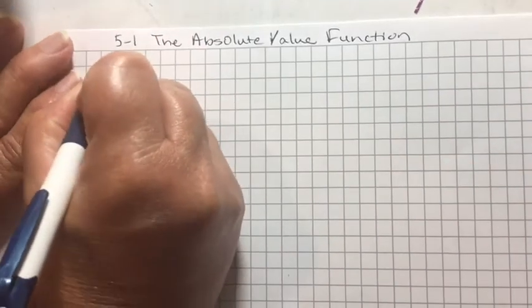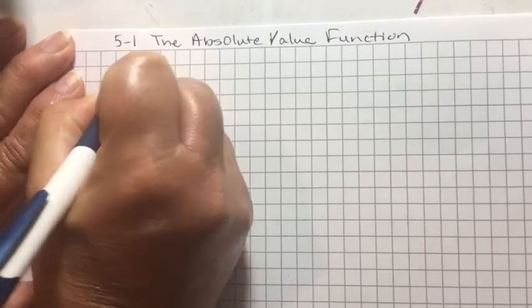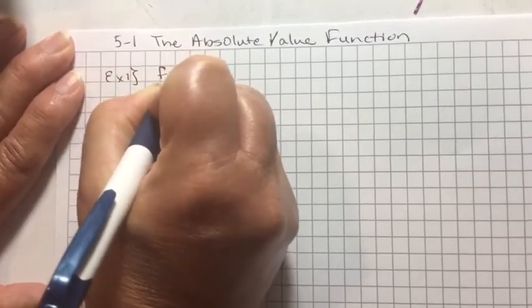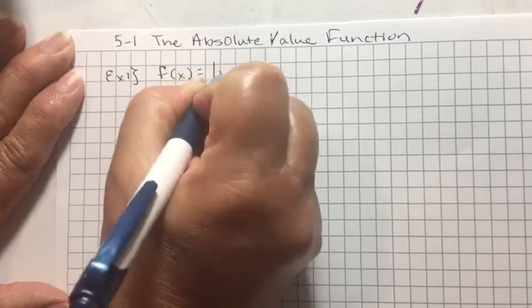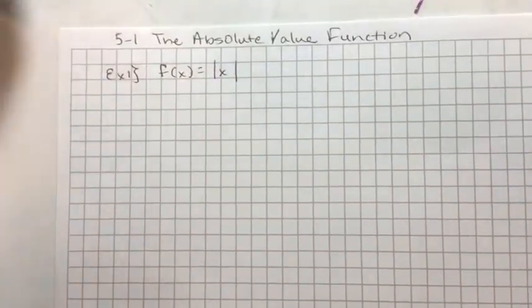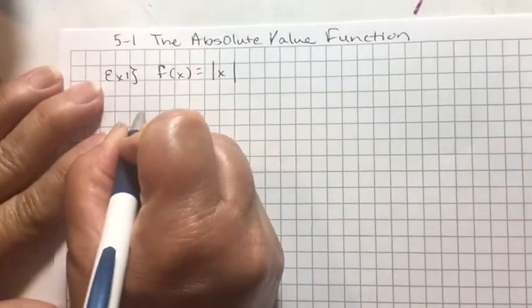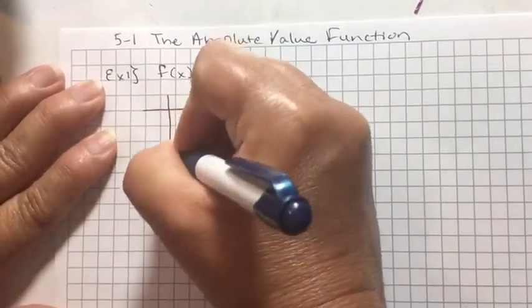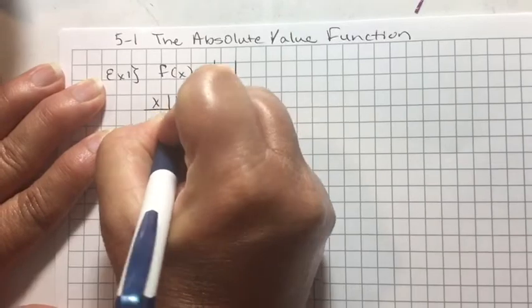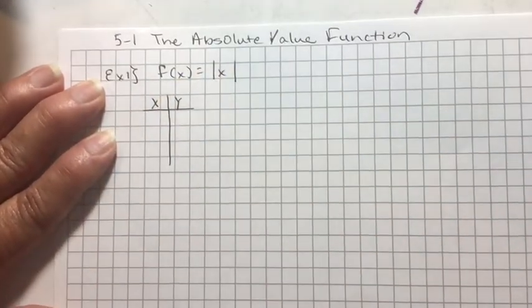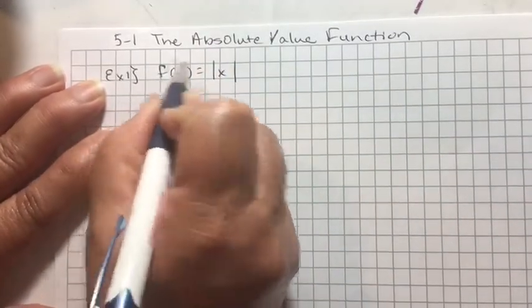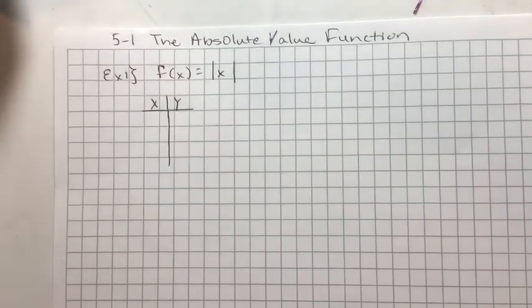The first one, in function notation, I'm going to give you f of x equals the absolute value of x. Now, let's just talk about that by using a table. So if we make just a simple xy table, and we go down and pick some values for x, remember y is just what the f of x is.